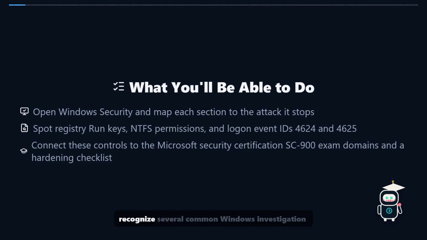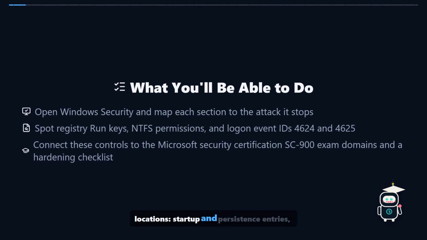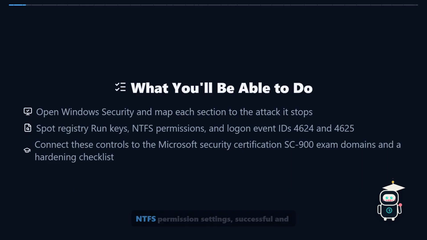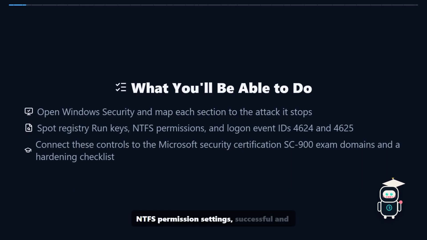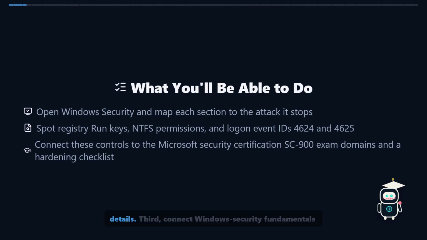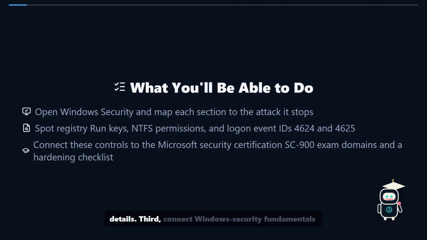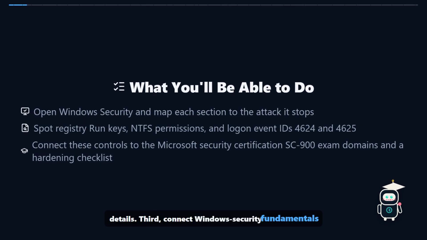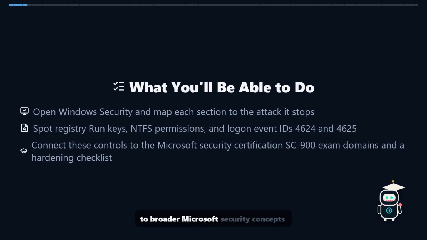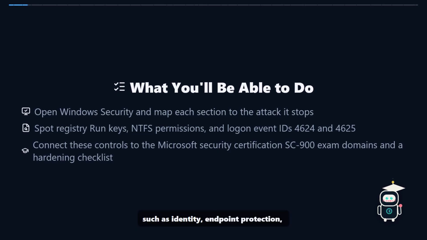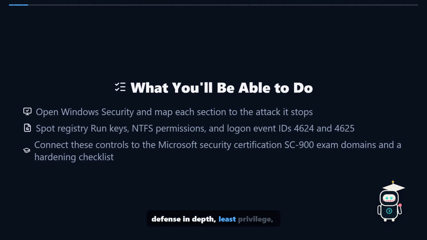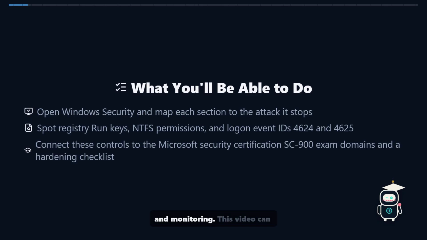Second, recognize several common Windows investigation locations: startup and persistence entries, NTFS permission settings, successful and failed logon events, and scheduled task details. Third, connect Windows security fundamentals to broader Microsoft security concepts such as identity, endpoint protection, defense in depth, least privilege, and monitoring.